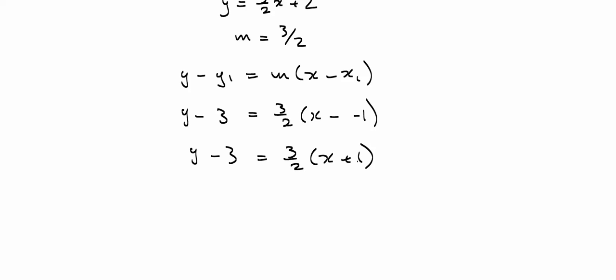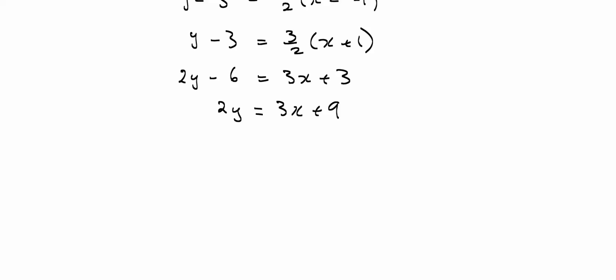And now I'm going to multiply everything by 2. 2y minus 6 equals, and then I'll expand the bracket, 3x plus 3, and then I'll write 2y equals 3x and add 6 to both sides, plus 9.